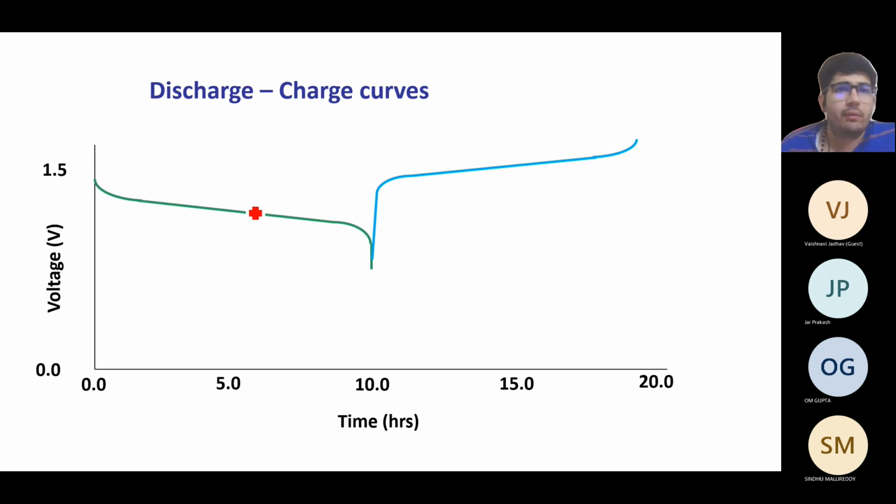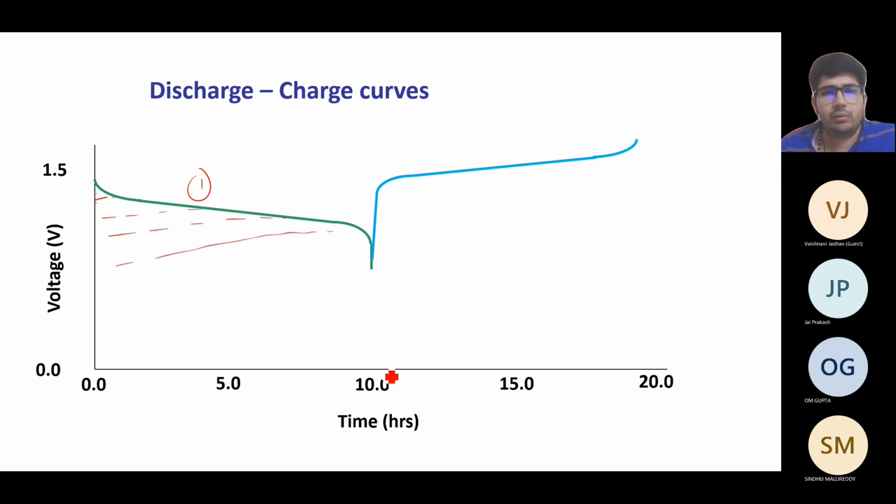So these are the discharge and charge curves. In this first curve, the green curve, the battery is discharging with time. As the battery is discharging, you can see the voltage is also decreasing with time.